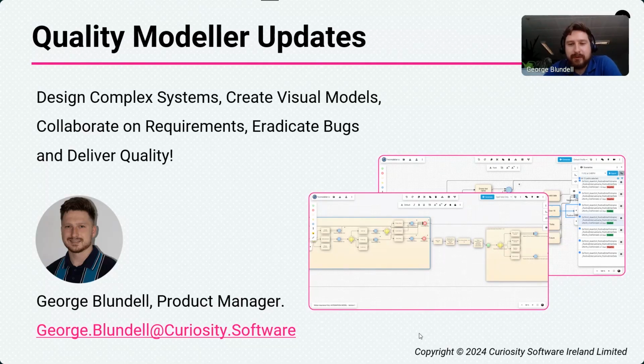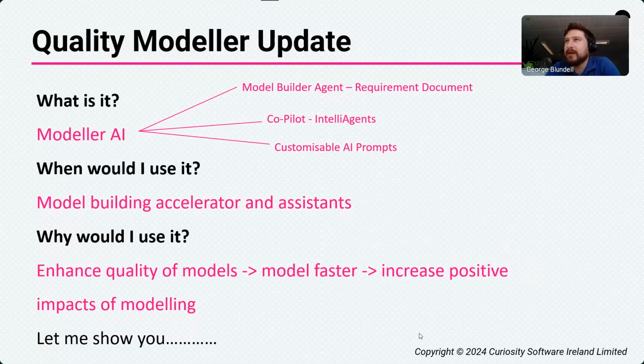So I'm going to run through a couple of the core updates that we put through into Quality Modeler over the past few weeks. Now, we've had a pretty exciting month or two, really, with the release of our Modeler AI bolt-on.